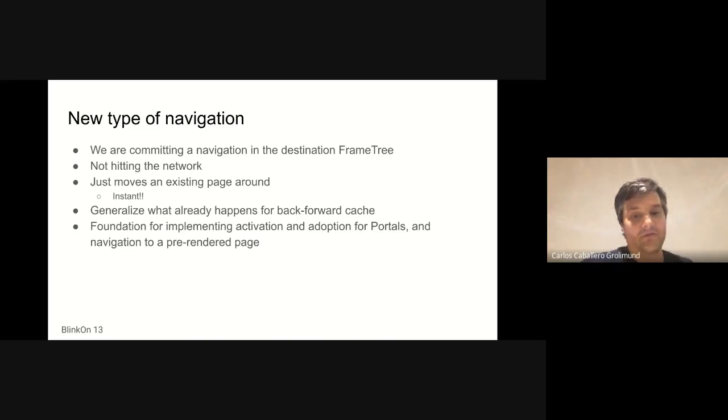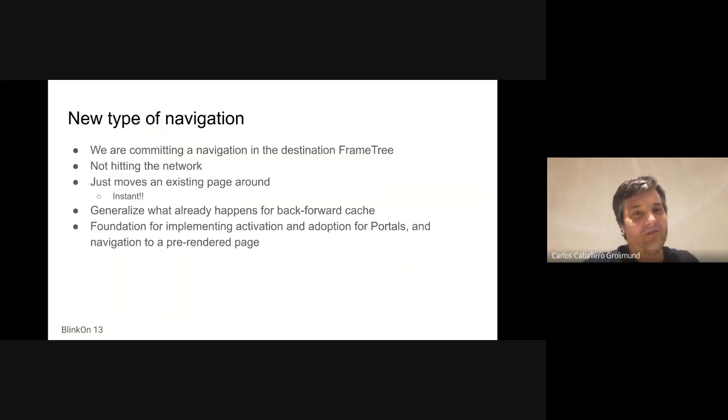So this new navigation basically commits a page in the destination frame tree or the destination page holder, using page holder as a holder for whatever term we come up with, but it's basically somewhere where you can put a page in. And the interesting bit of this navigation is it's not hitting the network, right? So it just moves an existing page around, which is almost instant, which is great.